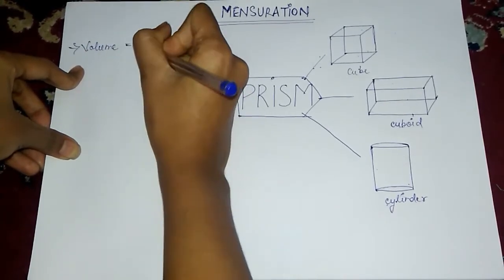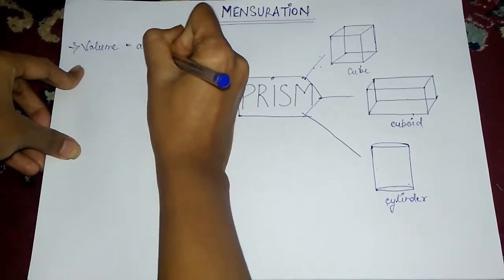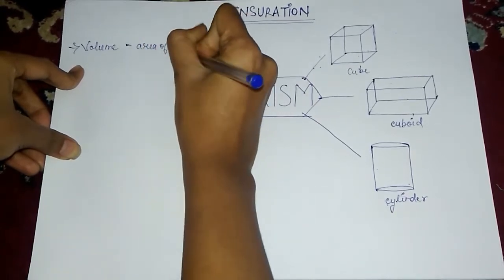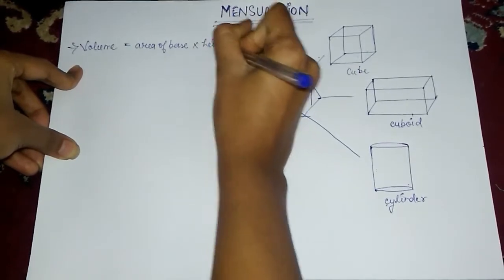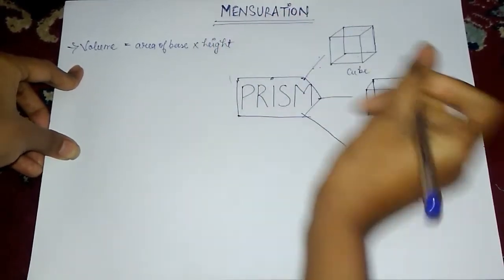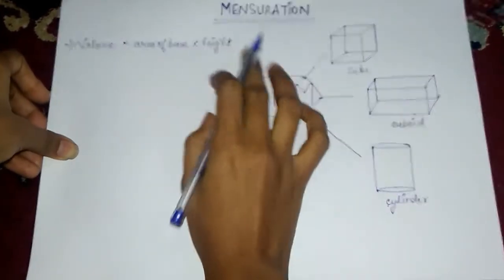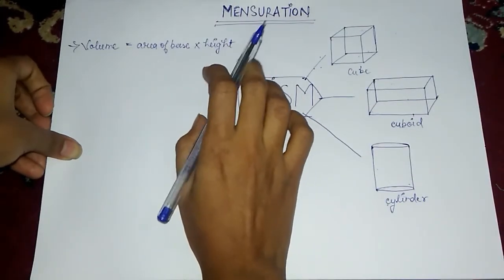The formula for volume of prism is area of base into height. Okay, this is the basic formula that you have to remember.